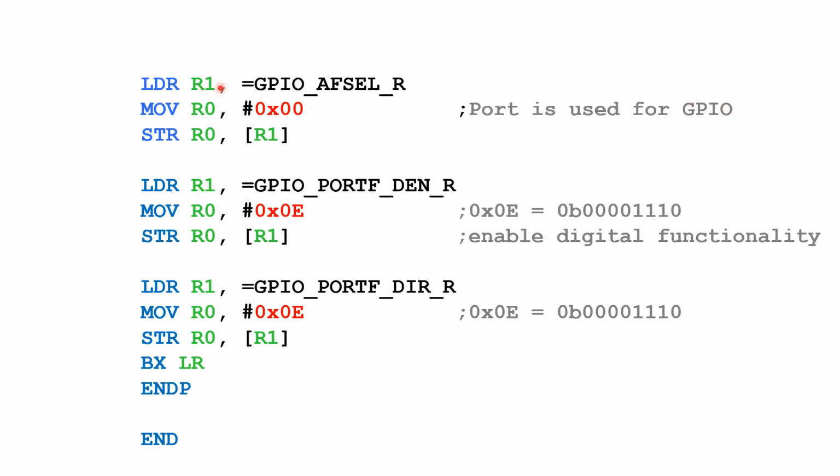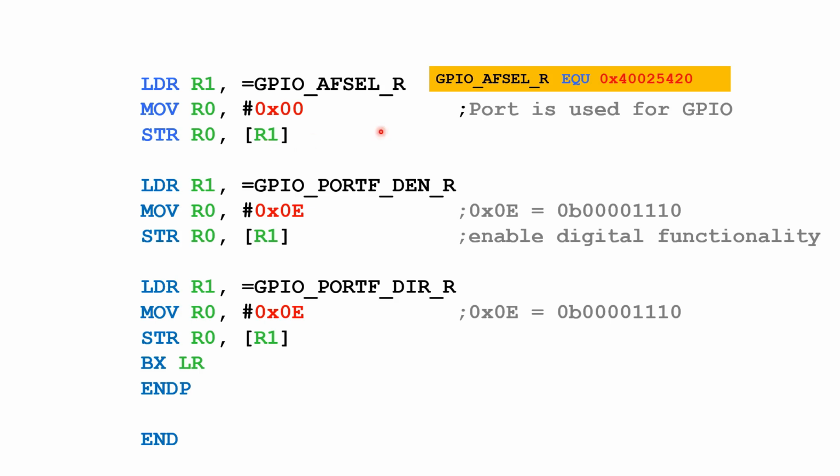So LDR R1 with this value, which is defined earlier, which is this value here, load that into R1, and then we have a MOV R0. Basically, we're copying 00 into R0, and then we have this STR store instruction.